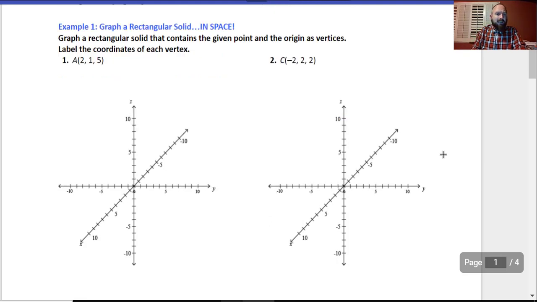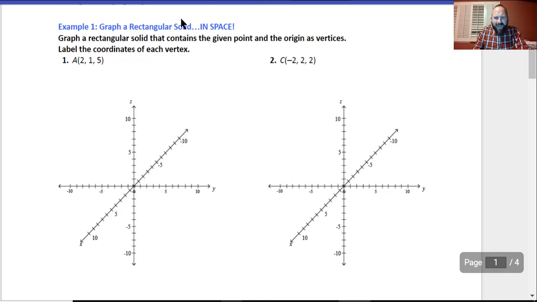And which way is positive and negative? Because it just depends on how your graph is being made. So I see 2, so 1, 2 right there. And then 1, so the y is 1. So I know that the y right here is going to be like right there. And then the other one is 5.